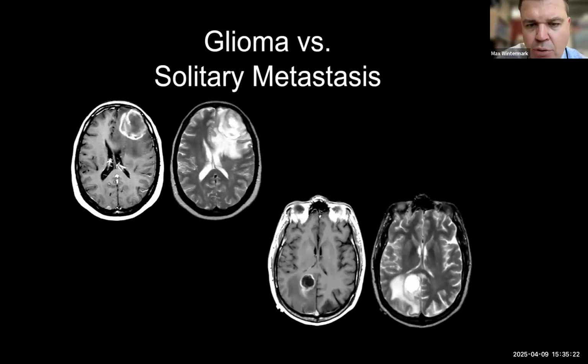And I'm just going to show you a couple of ways that you can use that information practically that is relevant to your practice. So here are two different patients. They both have an enhancing lesion surrounded by an area of increased T2 signal that is not enhancing.